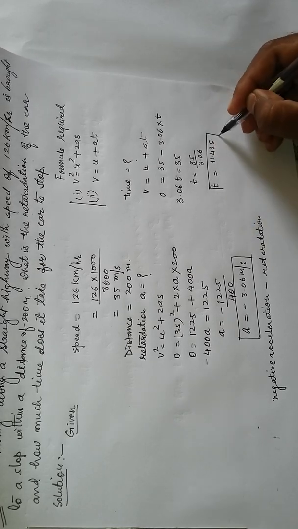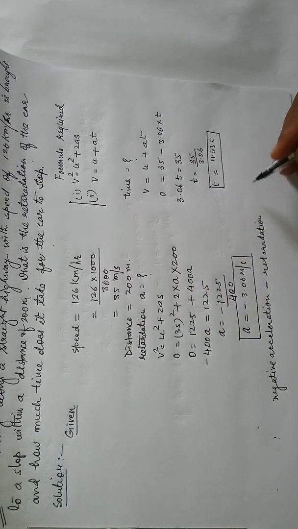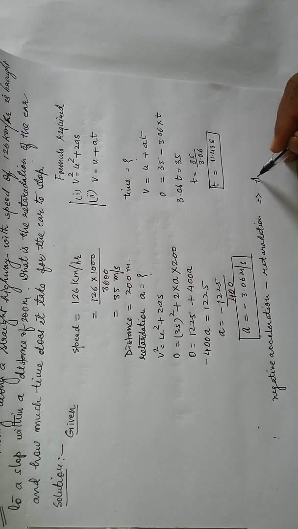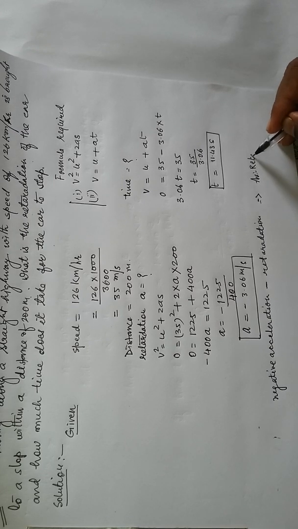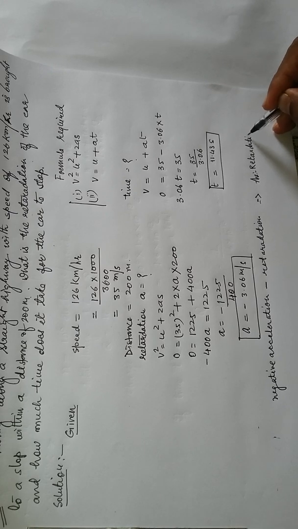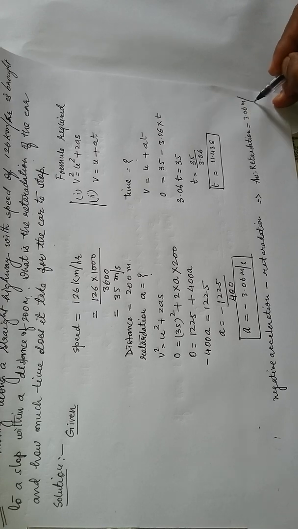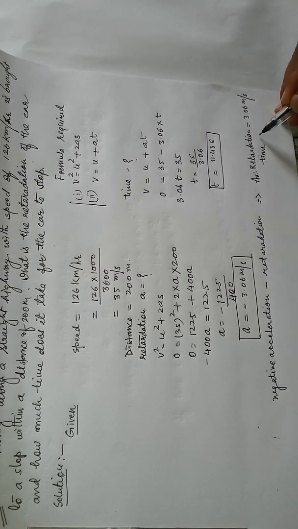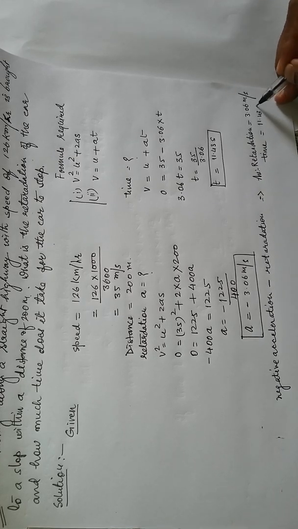So here we have got the answers to the question: what is the retardation of the car? We have two answers. The retardation is 3.06 meter per second square, and the time taken to stop the car is 11.43 seconds.